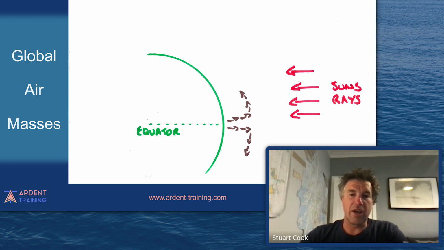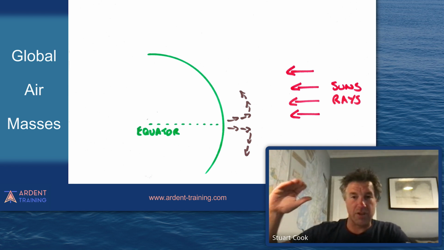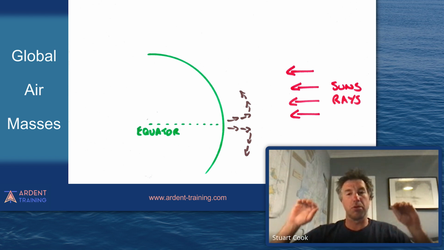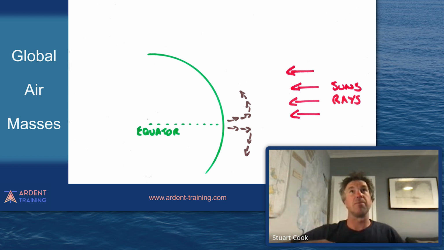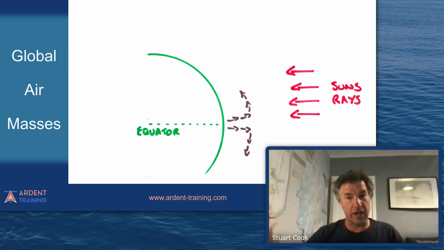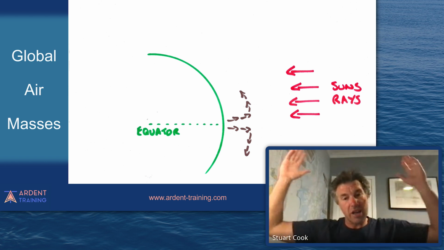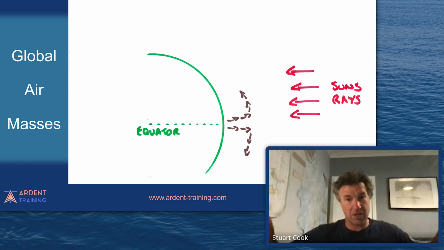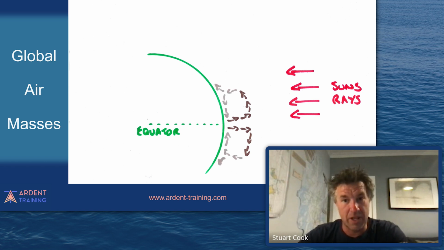So as this hot air rises, it rises up off the Earth's surface, but once it gets to the top of the troposphere, which is the layer of atmosphere that we are in and breathe and our weather occurs in, it can't go any further upwards, and so it has to start going outwards.